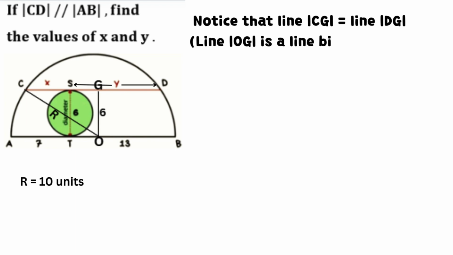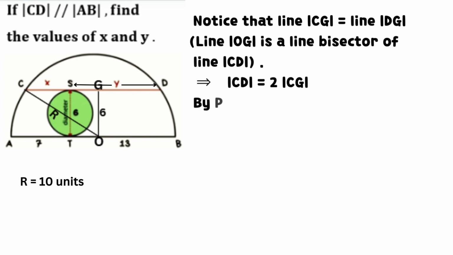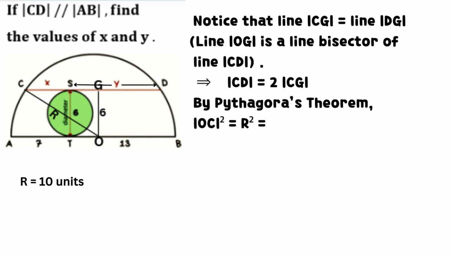Notice that line CG equals line DG. Line OG is a line bisector of line CD. This implies that CD equals 2 times line CG.